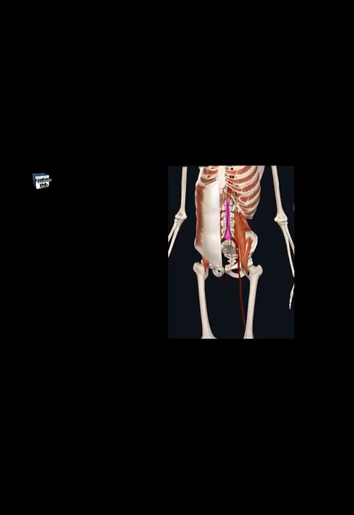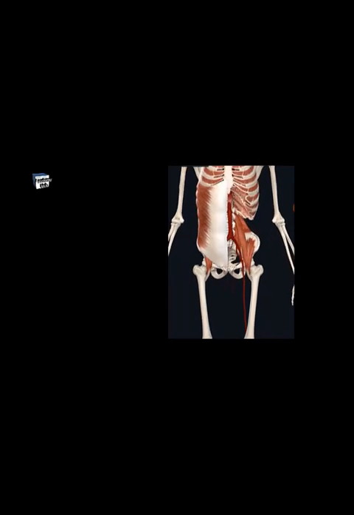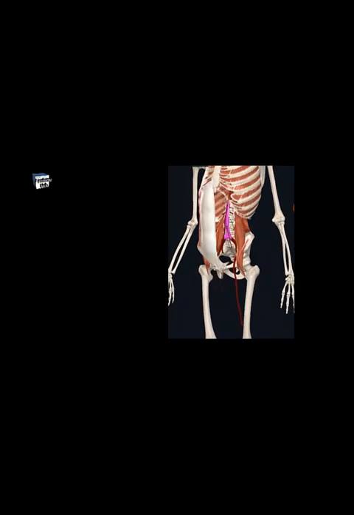So, if you look at the function and major biomechanics of the psoas major muscle, the psoas major cannot be separated from the iliacus with regard to their collective action as a hip joint flexor.